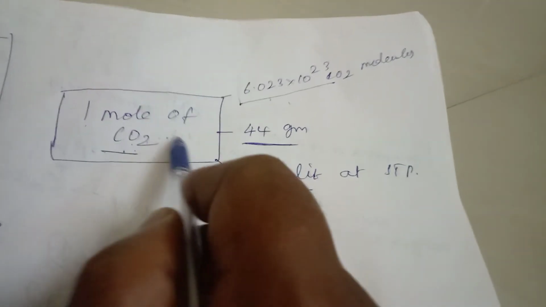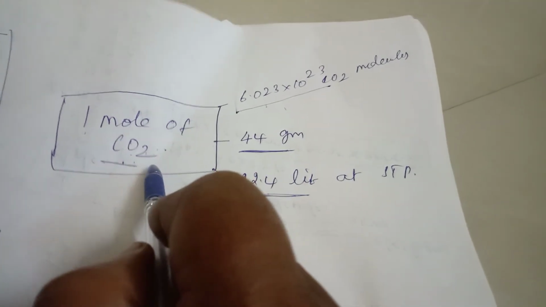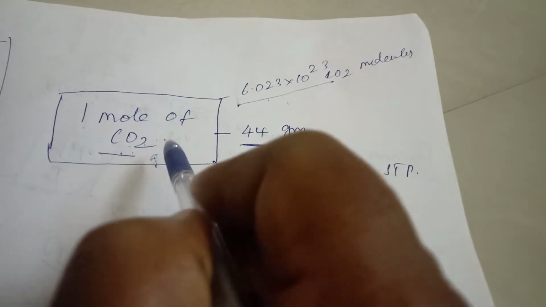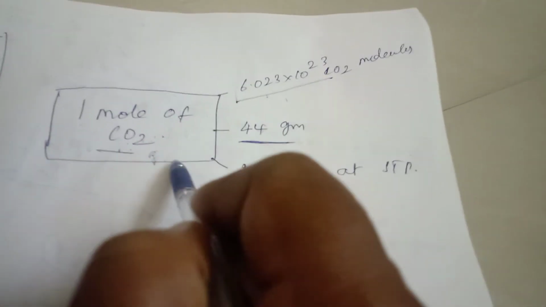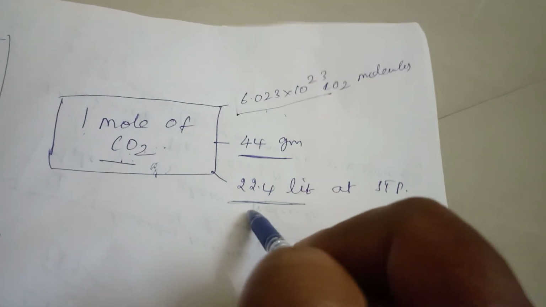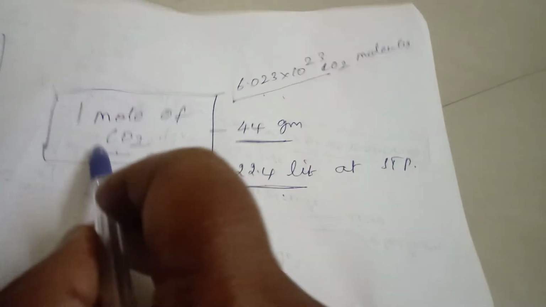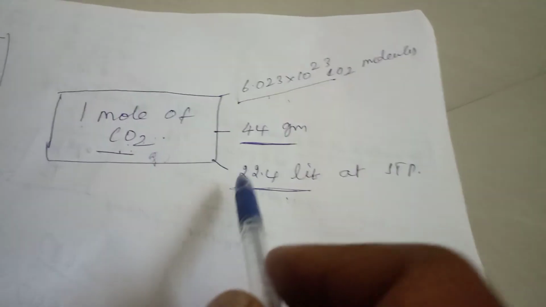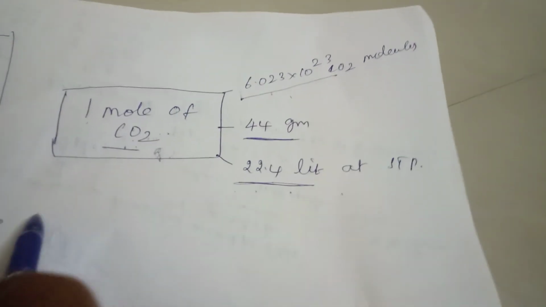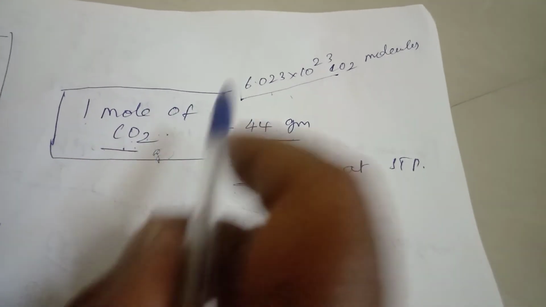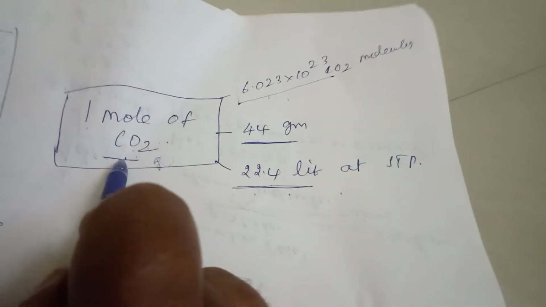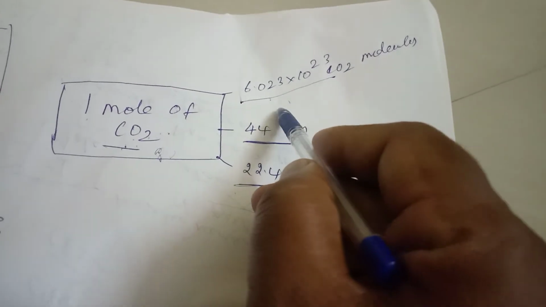Then 1 mole of CO2, this is gas, if it is at the STP, 22.4 liter. So 1 mole of CO2 is equal to 22.4 liter at STP. 1 mole of CO2 is equal to 44 gram. 1 mole of CO2 is equal to Avogadro number of molecules.